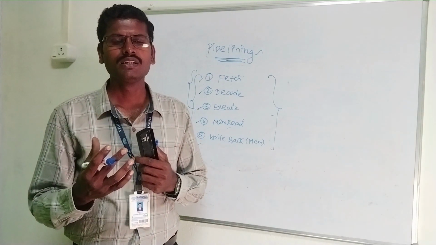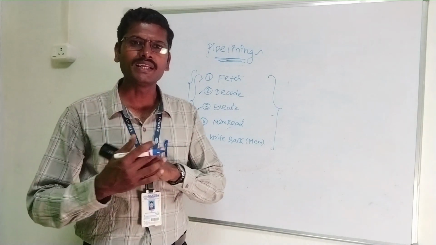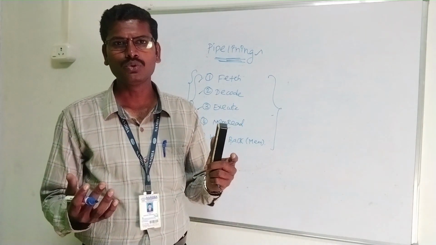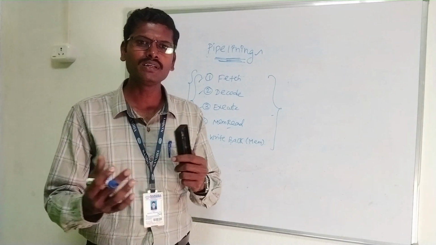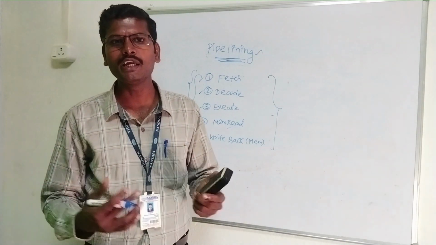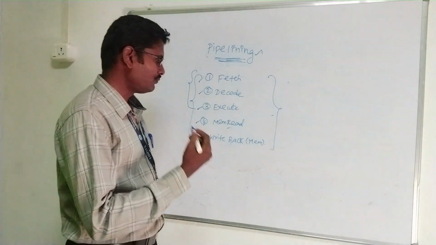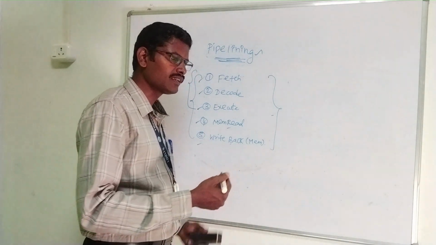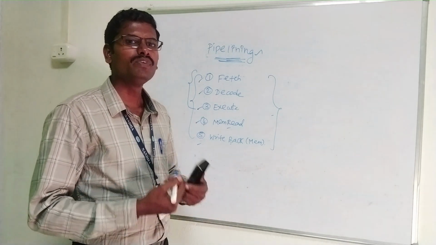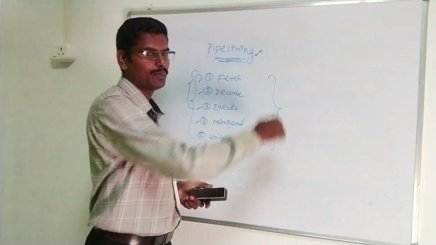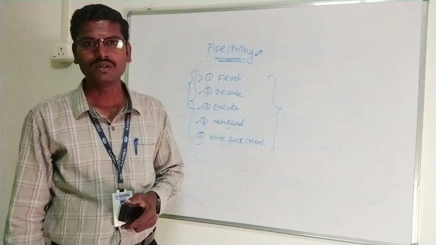These instructions need to be executed very fast. That is the ultimate aim of a customer or a user. So for executing an instruction in a very fast manner, we prefer pipelining. That is the main objective of pipelining.